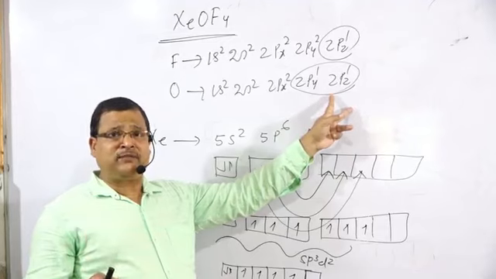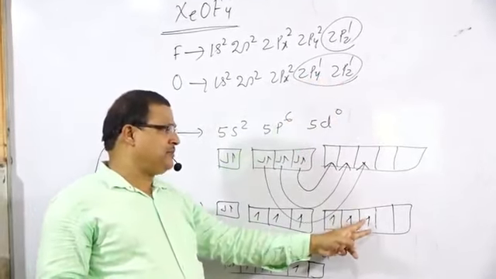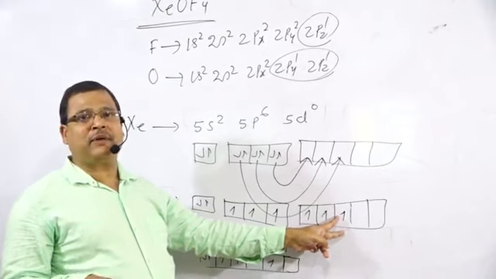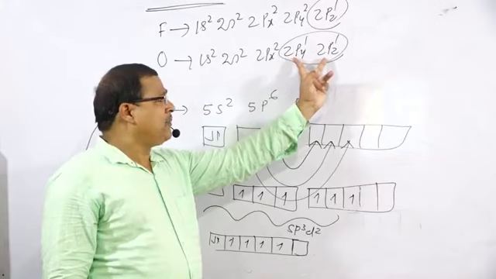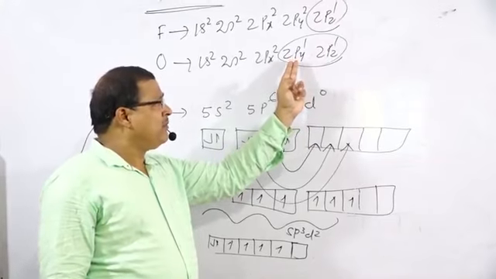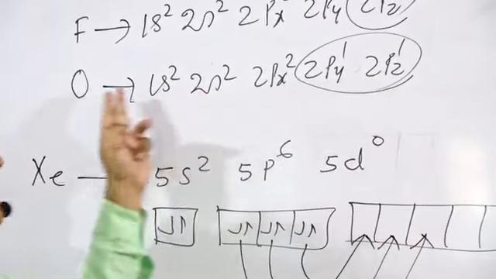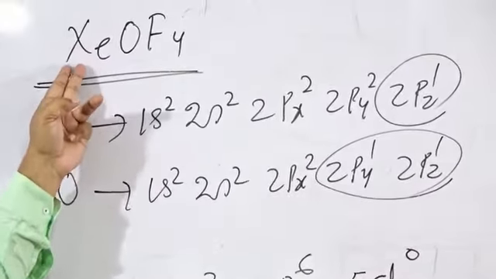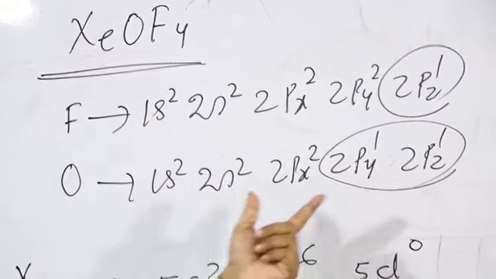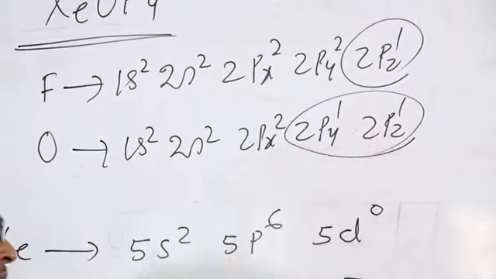And among these 6 bonds, one must remain unhybridized for the formation of that pi bond. Because we know that the oxygen among these 2 orbitals, one will form sigma, another will form pi. Because same oxygen atom will form bond with the same central atom, that is xenon. These are the 2 mutual orbitals. One will form sigma, another will form pi.